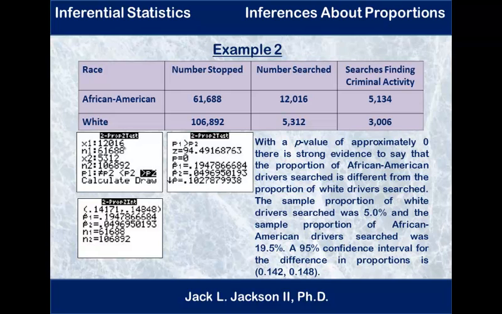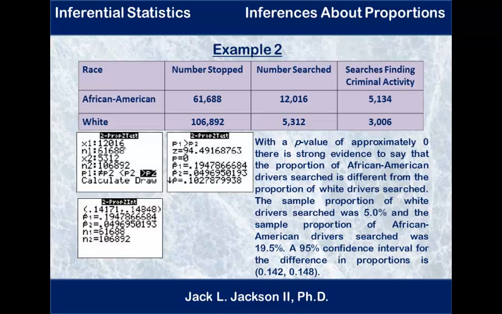The proportions are, notice, about 19.5% for African Americans. They get searched at about that rate, and whites get searched at about 5%. The pooled proportion is about 10%, so about 10% of all drivers got searched.